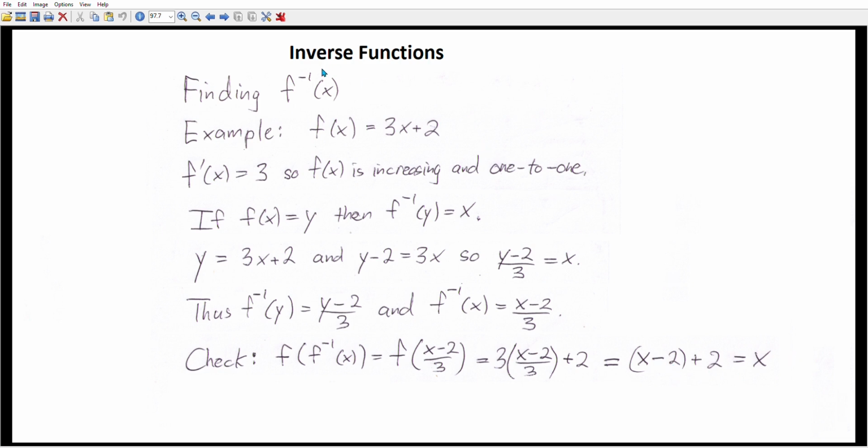We get x. And now the opposite direction, f inverse of f of x is f inverse of 3x plus 2. f inverse takes whatever you've got, subtracts 2, and divides by 3. So we get 3x plus 2 minus 2 over 3, which is 3x over 3, which is x. So we have indeed found the inverse.